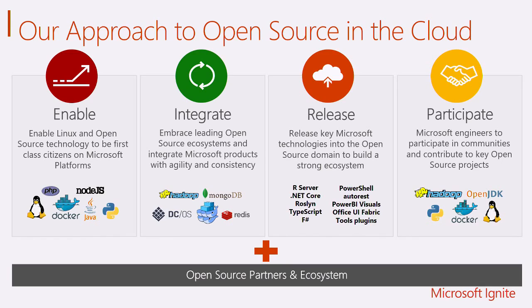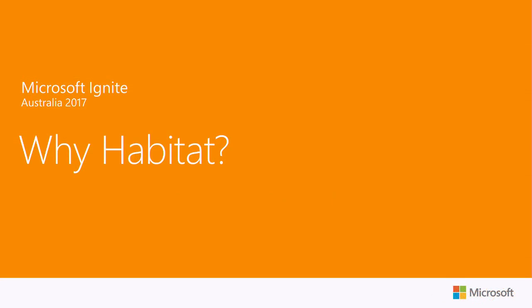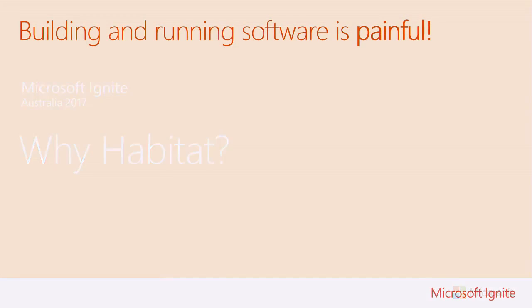Thanks so much, Ken. All right, so that's Microsoft's general approach to open source. Let's go deep into this open source project in particular, Habitat. Now, before we go into the what of Habitat, we first understand the why. And the reason Habitat was created is pretty simple. Building and running software is painful.